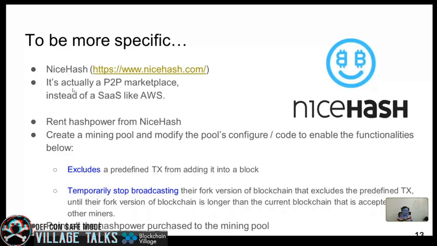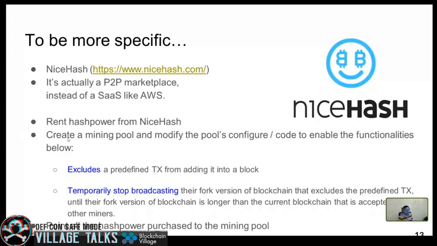We don't. Nowadays we have NiceHash. NiceHash is a place that allows people to purchase hash power peer-to-peer from others and rent it for a period of time. It's a marketplace of hash power, in short.